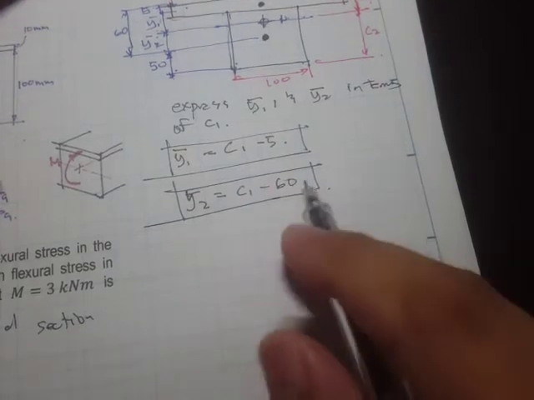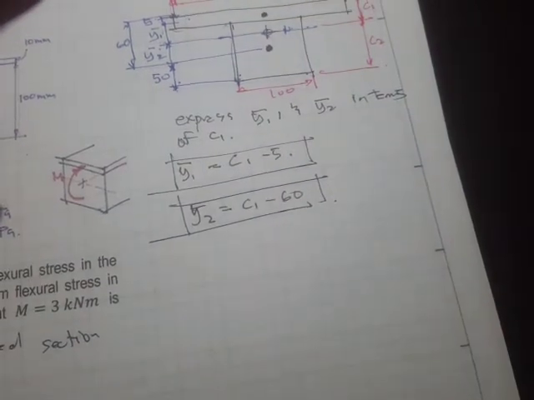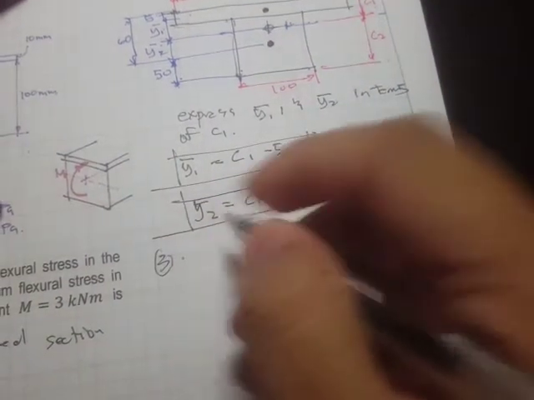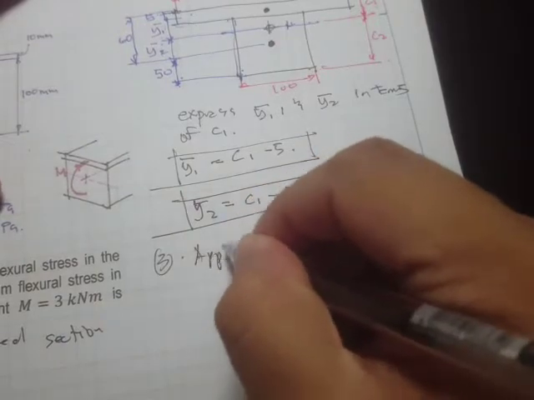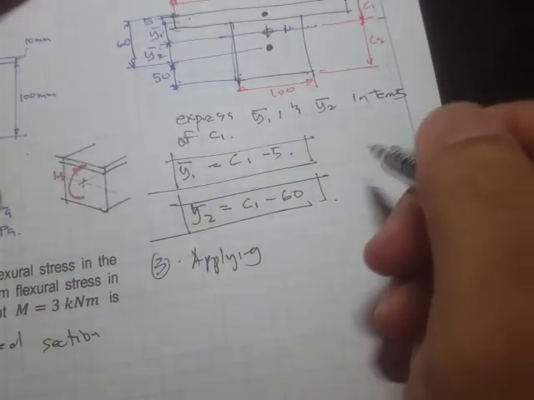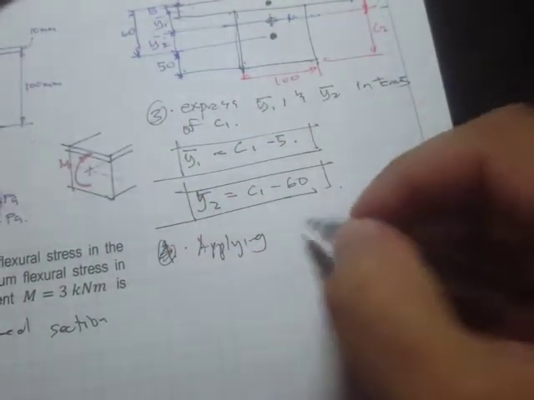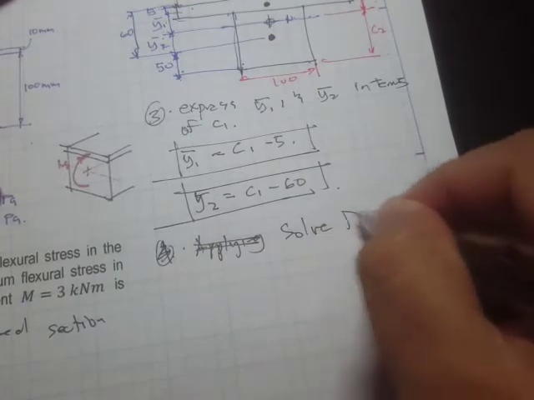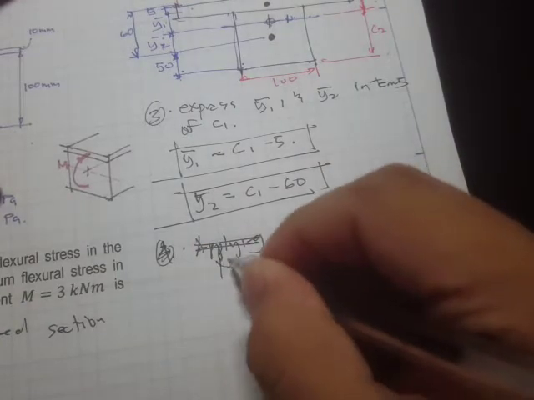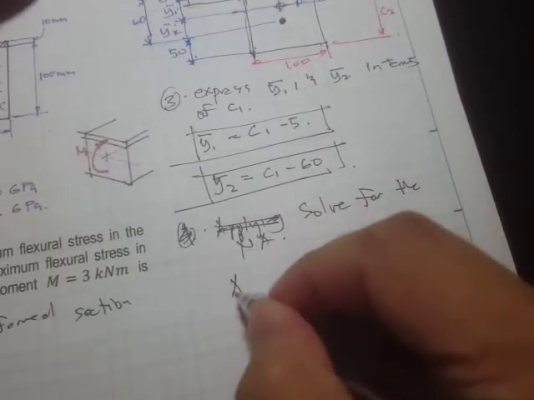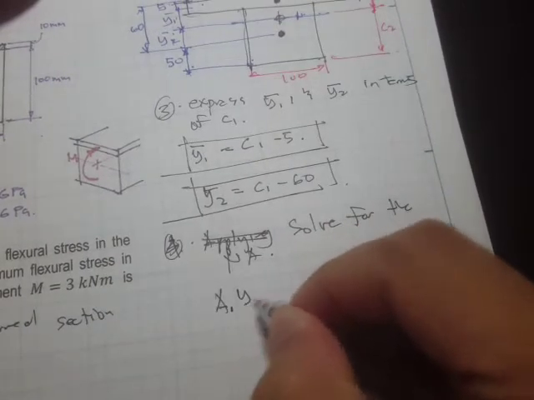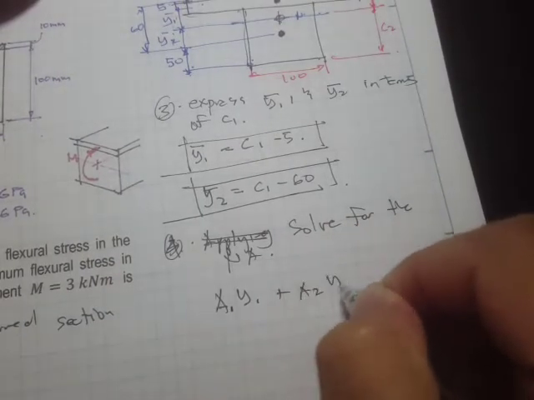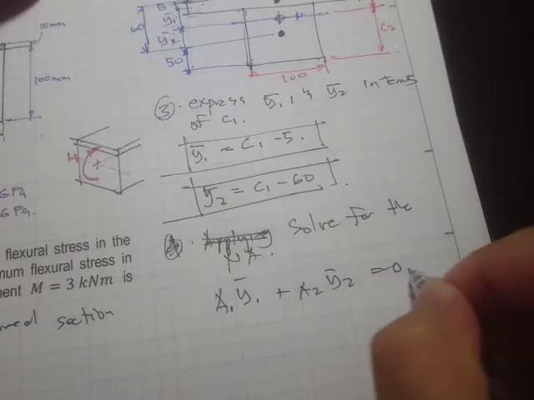Okay, so now that we have this, applying, I think this should be step number 3, this is 4, solve for the neutral axis. And we know that the equation is A1 y1 plus A2 y2 is equal to 0.